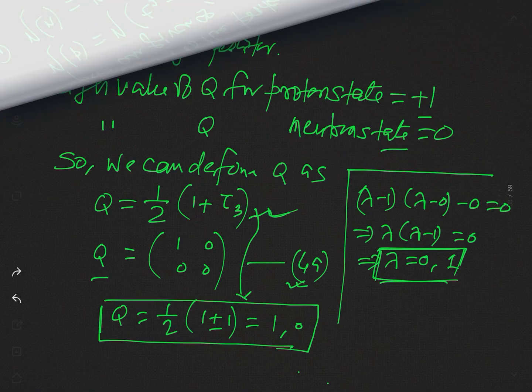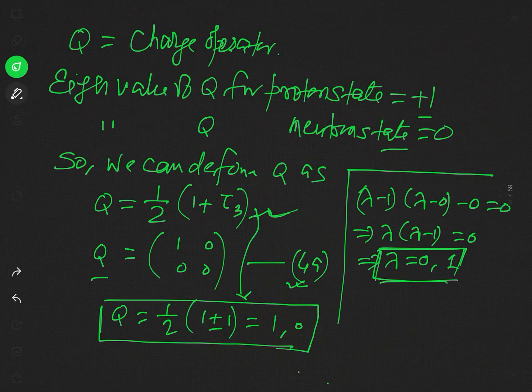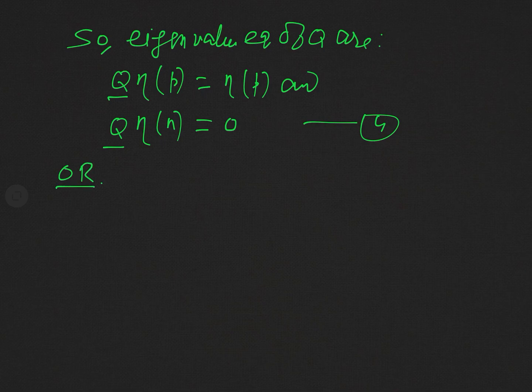These are the eigenvalue equations for this operator Q, and you can say this is equation number 4. You can check this eigenvalue equation in the matrix form too. I have just defined the matrices Q and eta p, so in an alternative way, you can check this result.